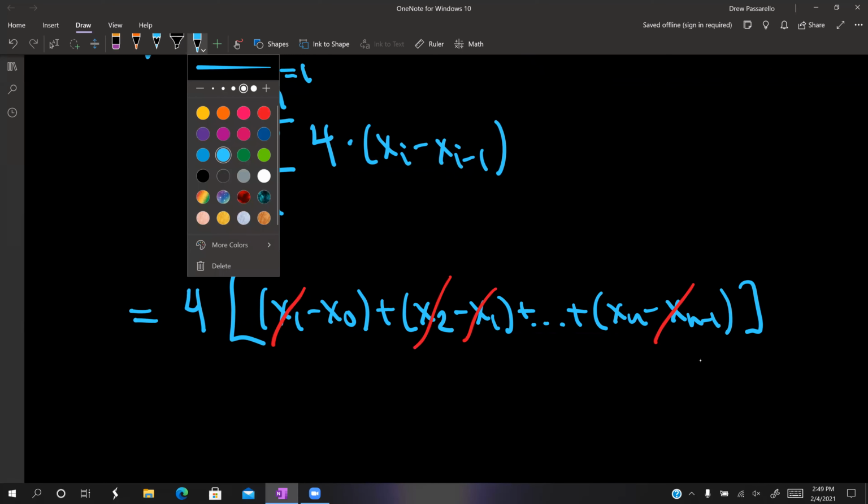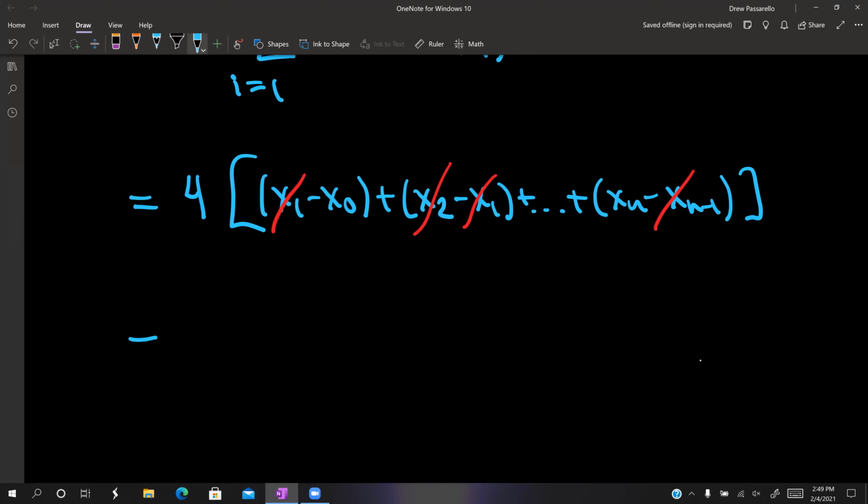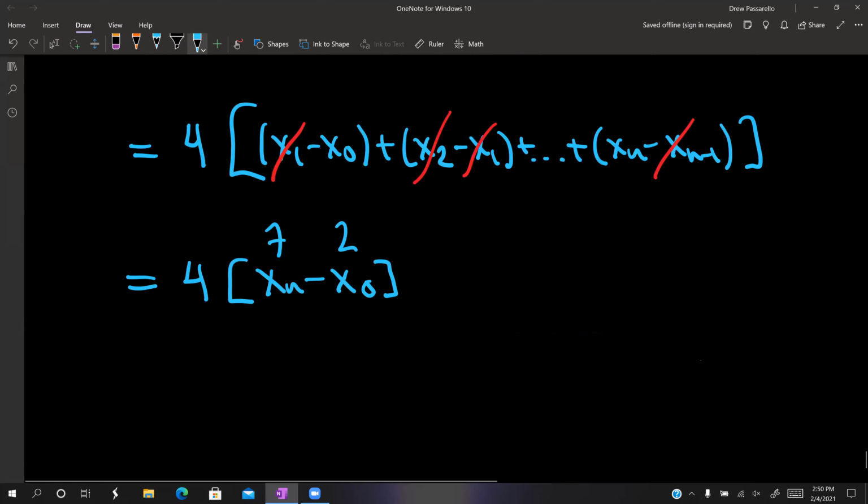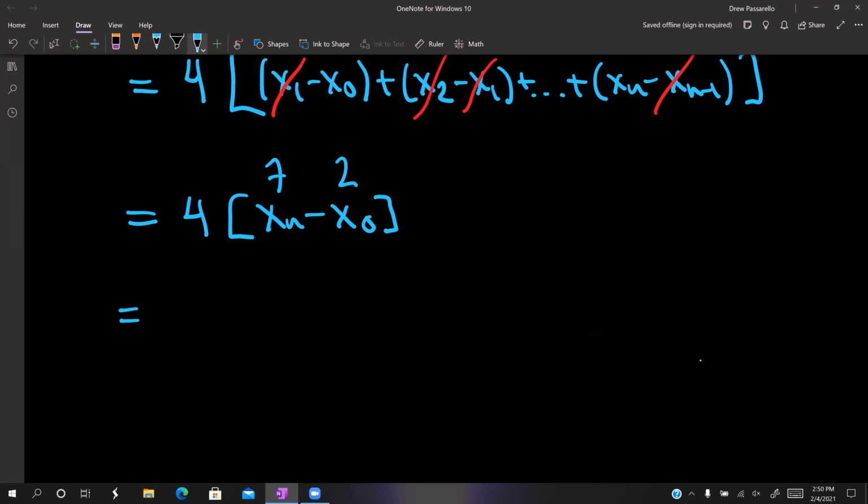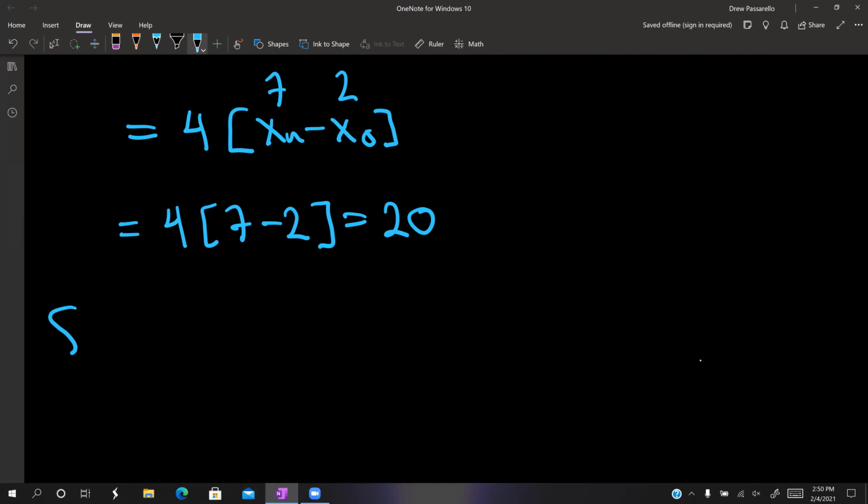So this is equal to 4 times x n minus x naught. Well, that's our endpoints to the original interval 2 to 7. So x n is 7, x naught is 2. So this would be 4 times 7 minus 2. So that's 20.